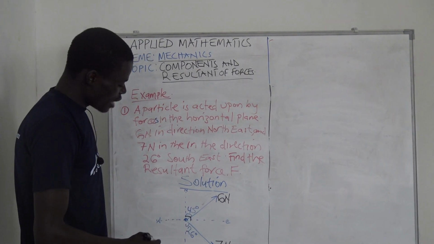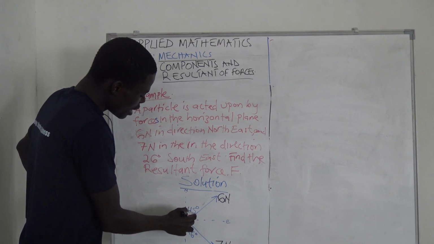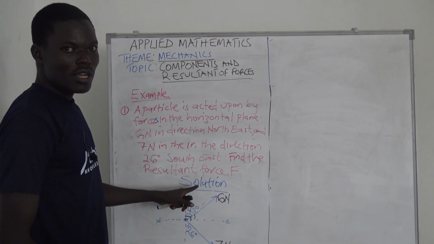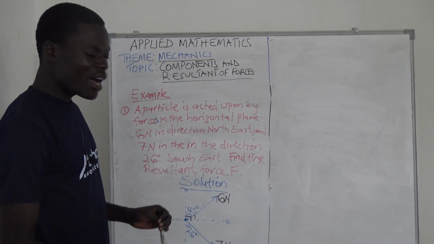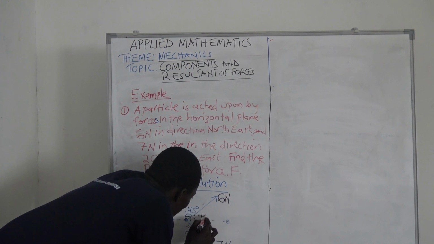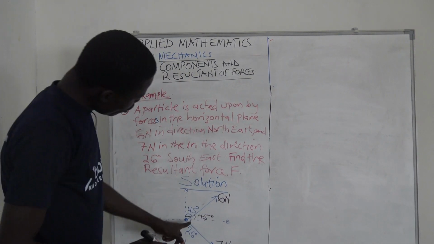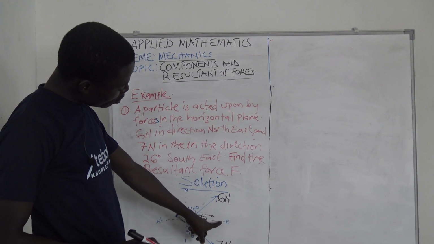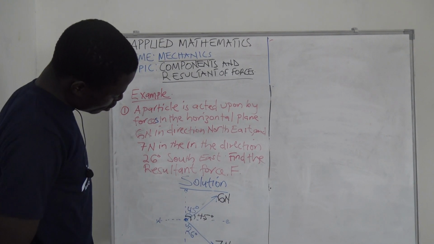It is equal to 90. So if you want to get this one, you take 90 minus the angle which is given. So here we get 90 minus 45, which is 45 degrees. So this force of 6 Newton is acting at an angle of 45 degrees.